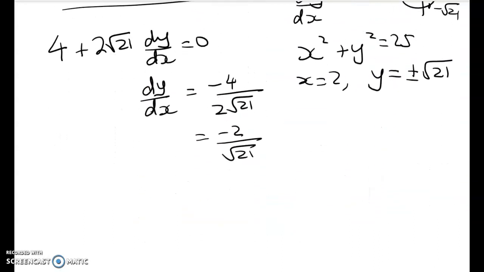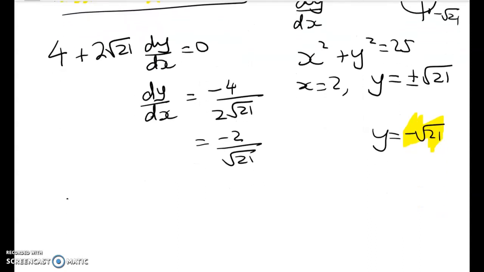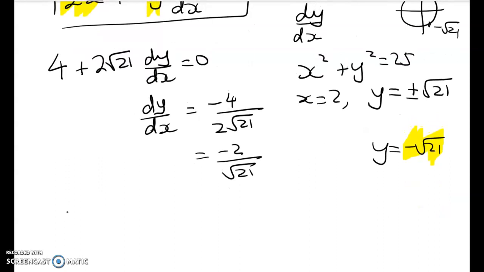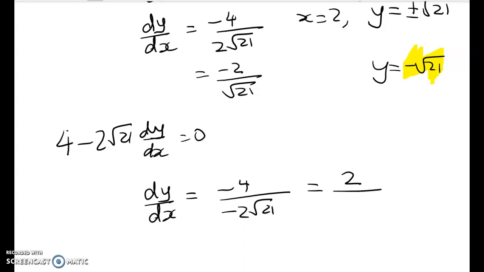And I can do the same thing for y equals negative root 21. So substituting in here, I'm going to have x as 2 again, but this time my y will be the negative value. So we get 4 minus 2 root 21 dy by dx equals 0, giving me dy by dx is equal to negative 4 over negative 2 root 21, which is 2 over root 21.